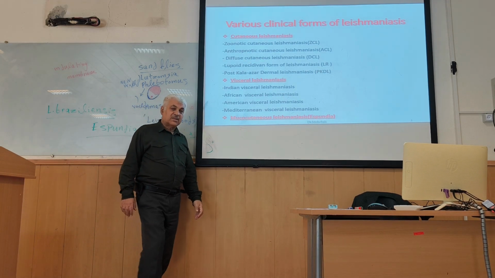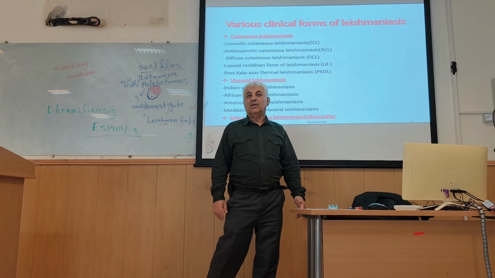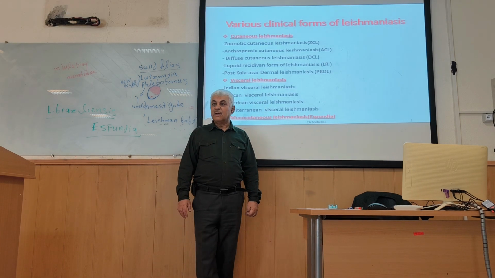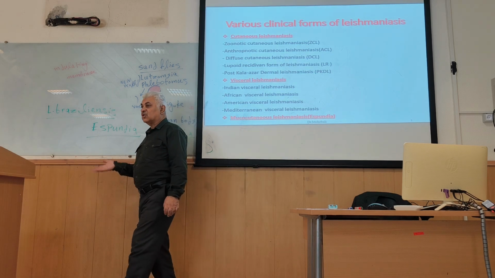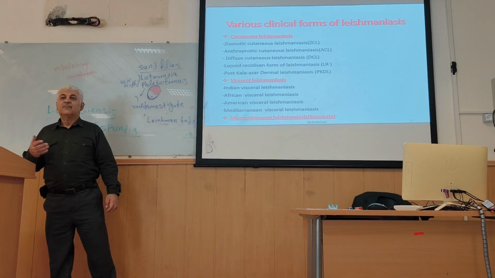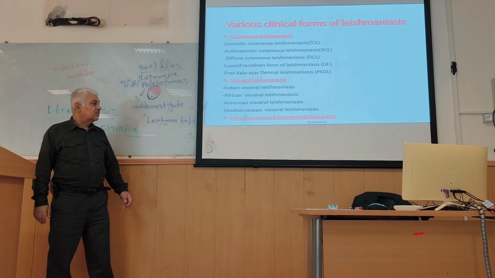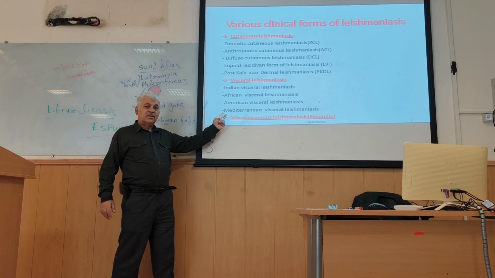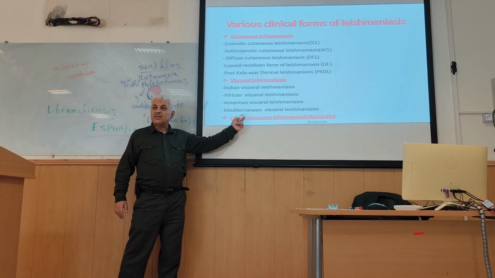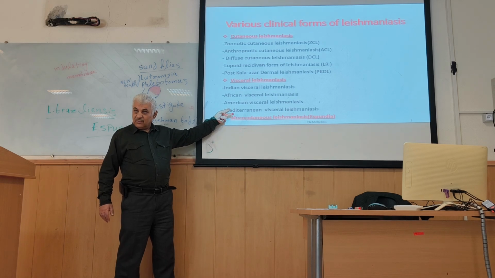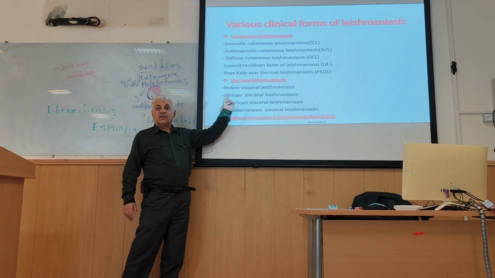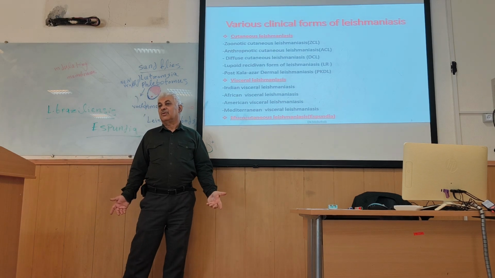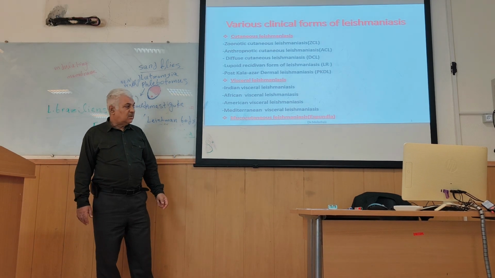The principal reservoir hosts are canines, such as domestic dogs, jackals, foxes, and wolves. So American and Mediterranean visceral leishmaniasis are zoonotic forms, and Indian and African visceral leishmaniasis are anthroponotic forms of the disease.